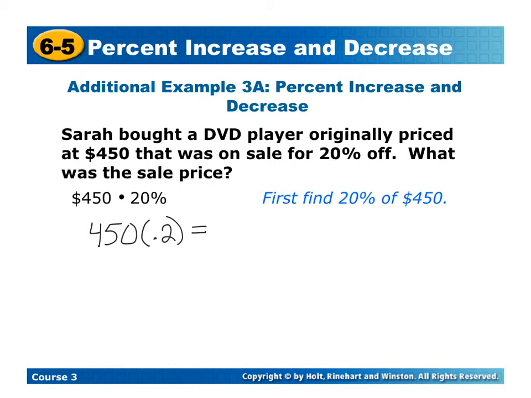So 450 times 0.2 is 90. So $90 is what we get off, so that's our discount. But they're asking what was the sale price, so I'm going to take my 450, subtract my $90, and I'm going to get a sale price of $360.